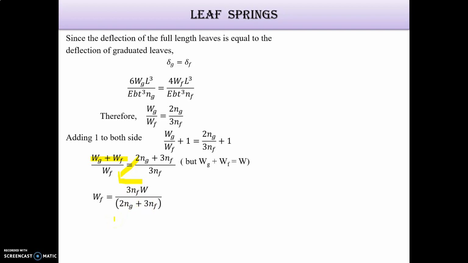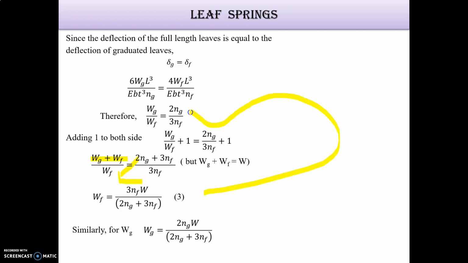So the load acting on the full length leaves can be found with the help of this equation. Then similarly for Wg, if you put this value in this equation, you will get the value for Wg. So 2 times Ng W upon 2 times Ng plus 3 times Nf.